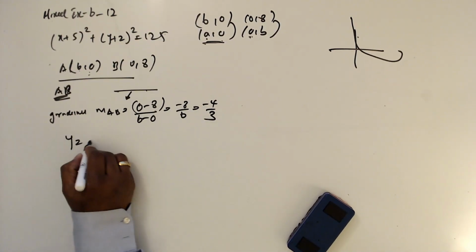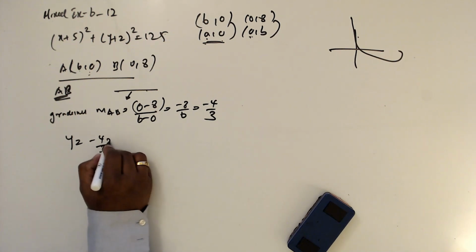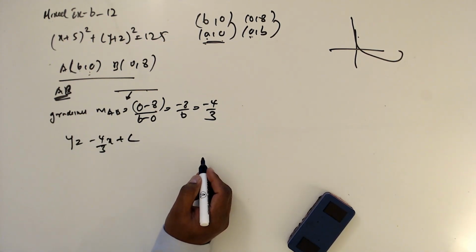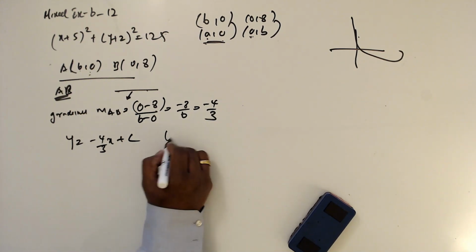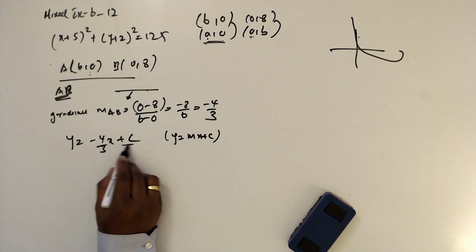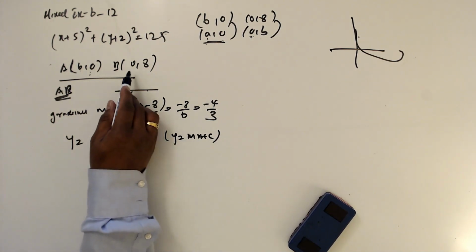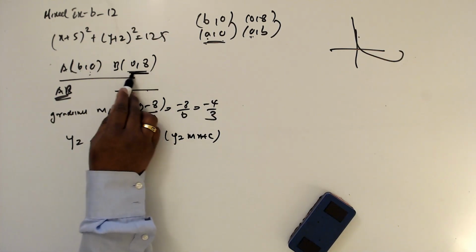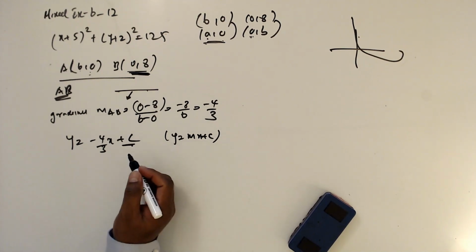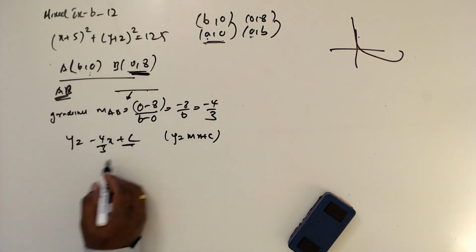So y = −4/3 x + c, from the equation y = mx + c. Now c is the y-intercept. I can see that the line goes through (0, 8), which is the y-intercept, so I don't need to work out anything.